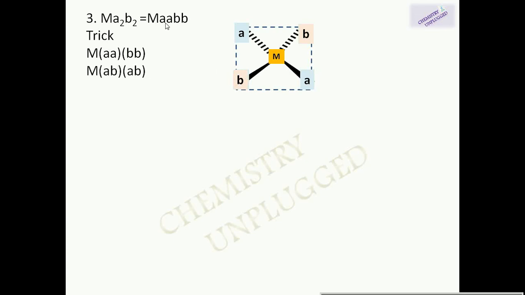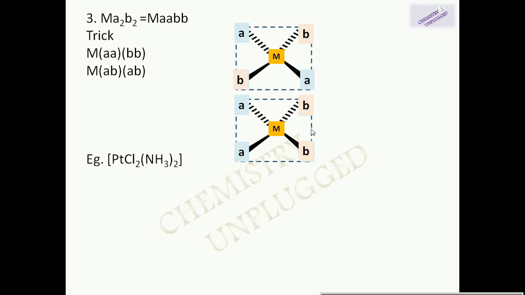Next, one possible combination is A can combine with B, and this A can combine with this B. So another possible arrangement is that A can be trans to B and the second A can be trans to the second B. In this type of position, these two same type of ligands are adjacent to each other and these two are adjacent to each other. So this position is known as cis.